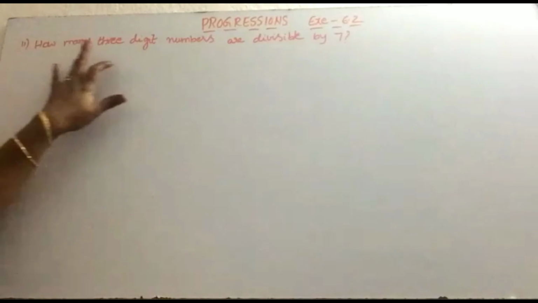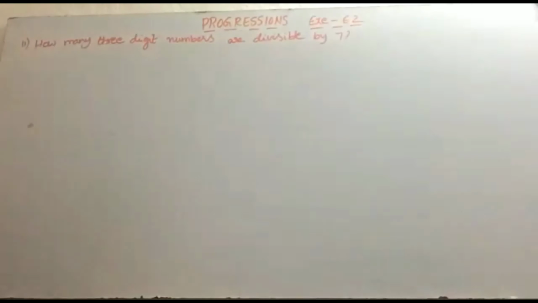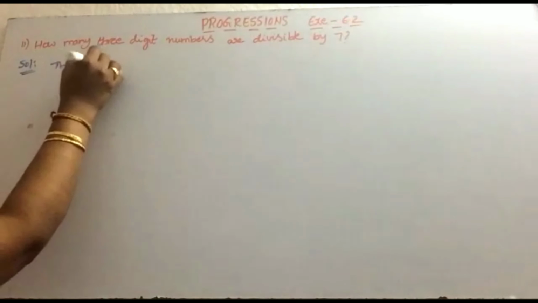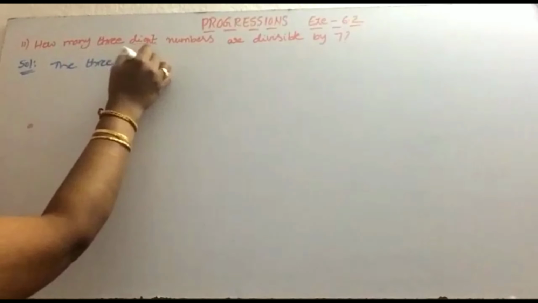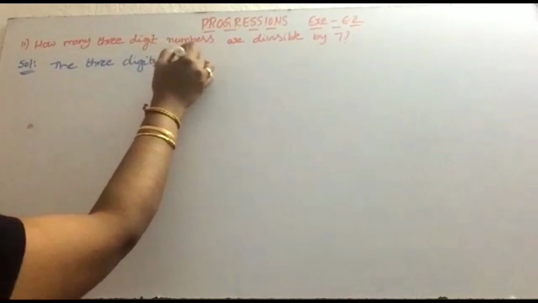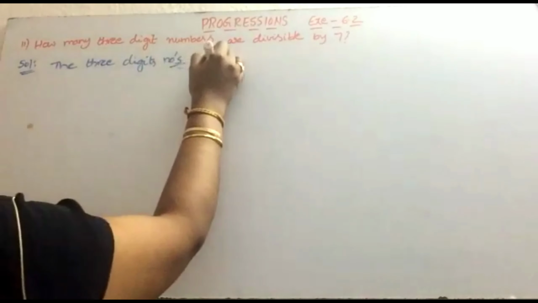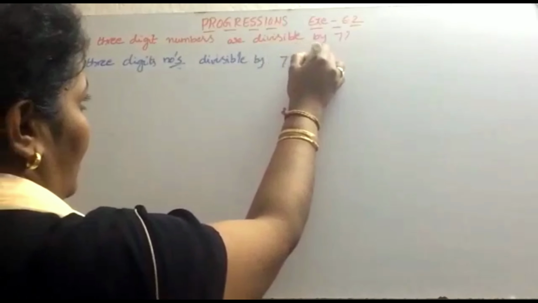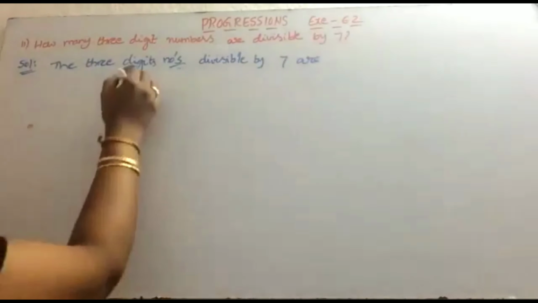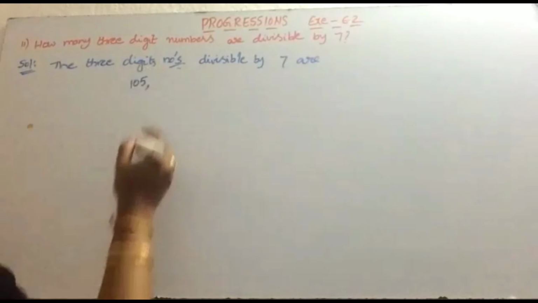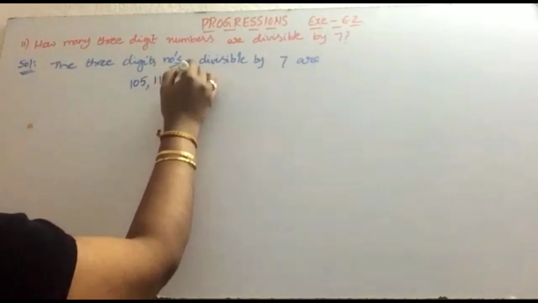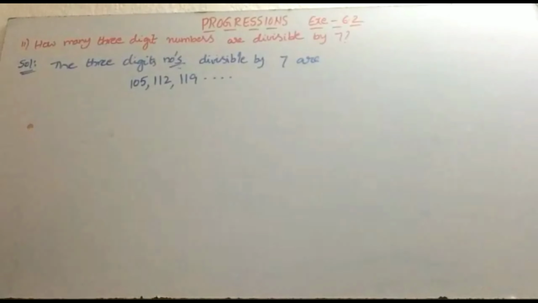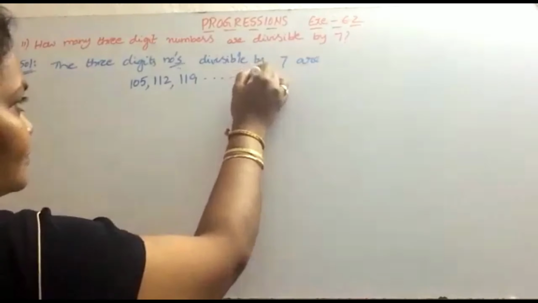Next problem: how many 3-digit numbers are divisible by 7? The 3-digit numbers divisible by 7 are 105, 112, 119 and so on up to 994.